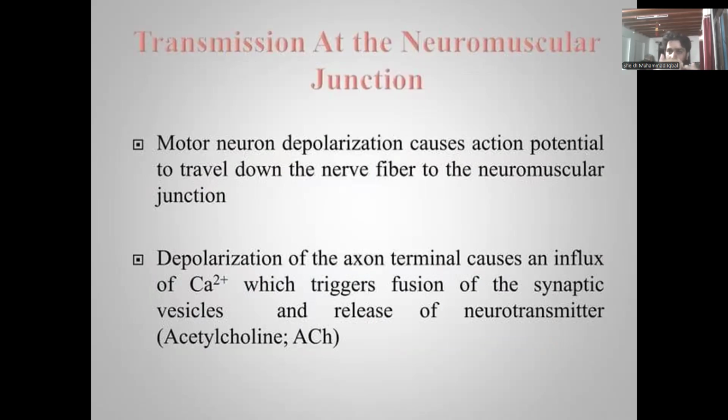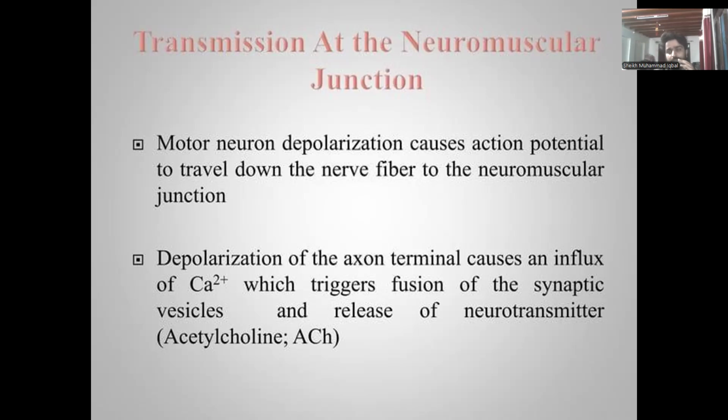Before I get down to the neuromuscular blockers, I will discuss the transmission at the neuromuscular junction. It is basic physiology. There is a depolarization by the action potential. Usually, we consider that the neuron has a negative potential.